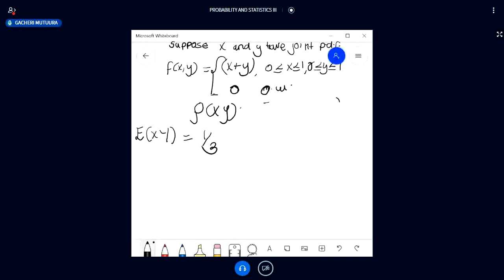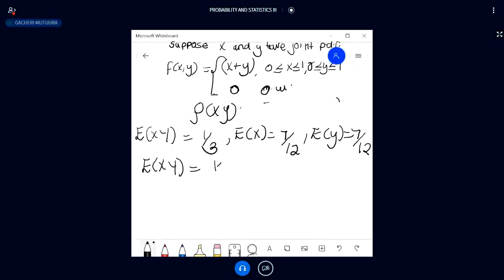Is there anything else we obtained for that? We had the expected value of x times the expected value of y, which we obtained as 49 over 144.